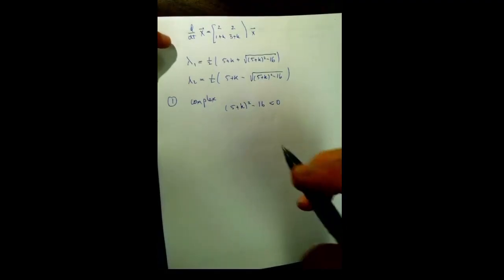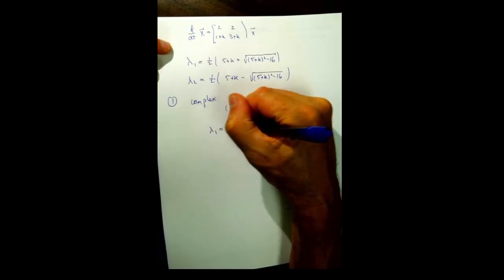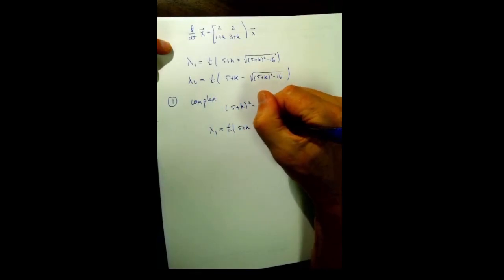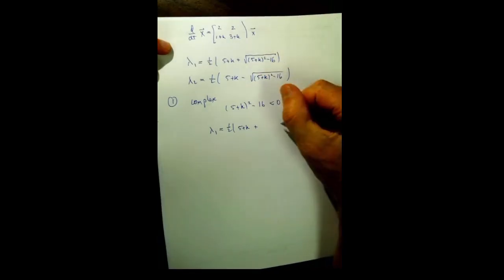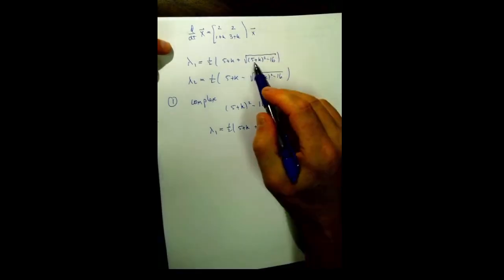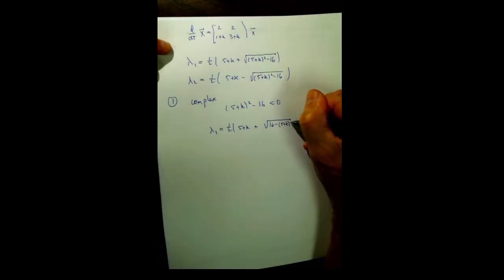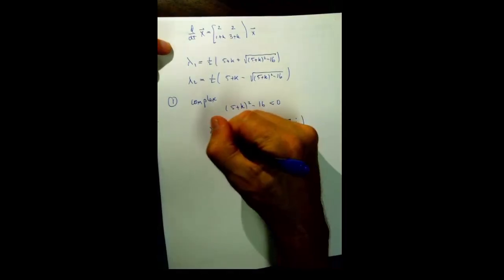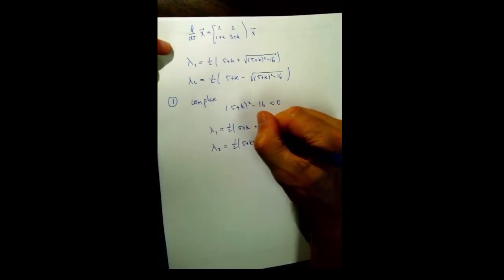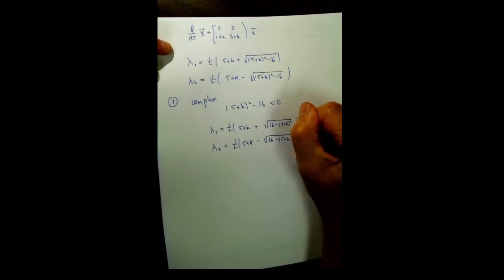If that's the case, then lambda 1 is going to be 1/2 of (5 plus k) plus, and now if I factor out an i, I'm going to flip the sign here, the square root of 16 minus (5 plus k) squared. And lambda 2 is going to be the same thing, only I'm going to subtract the square root of 16 minus (5 plus k) squared.